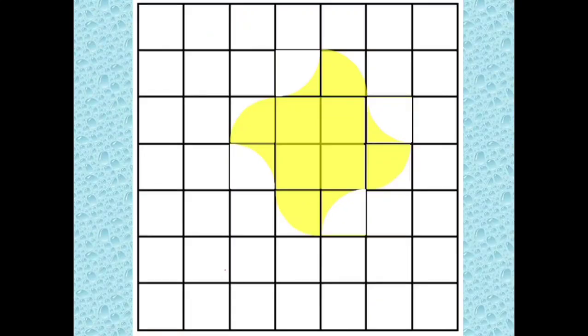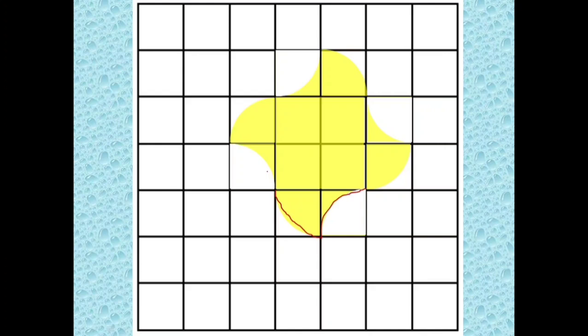Now, this shape appears to be complex, but if we look at it carefully, I find that this particular shape has got 4 blades. See, I'm calling these parts blades. So this is one blade, this is the second one, this is the third one, and this is the fourth one. So these are 4 blades.